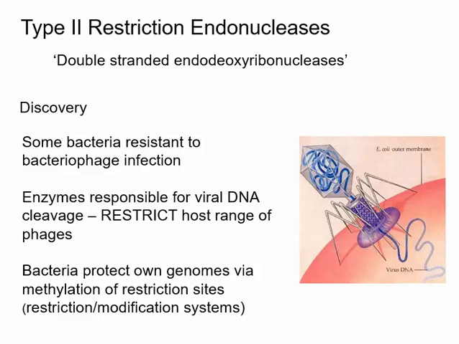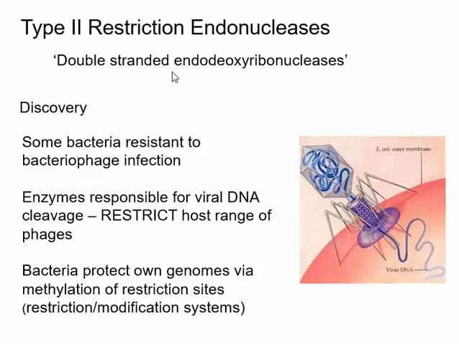So these restriction enzymes that we use all the time in genetic engineering, they're technically type 2 restriction endonucleases, or double-stranded endodeoxyribonucleases. Again, sounds like a lot, but we can break it down into pieces here. Restriction endonucleases, I'll tell you why we call them that in a second.